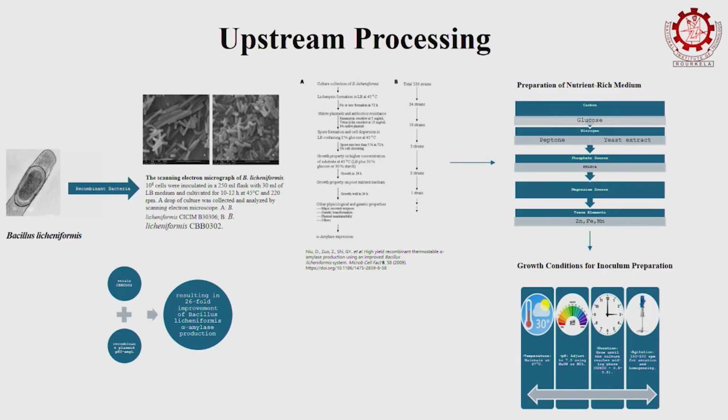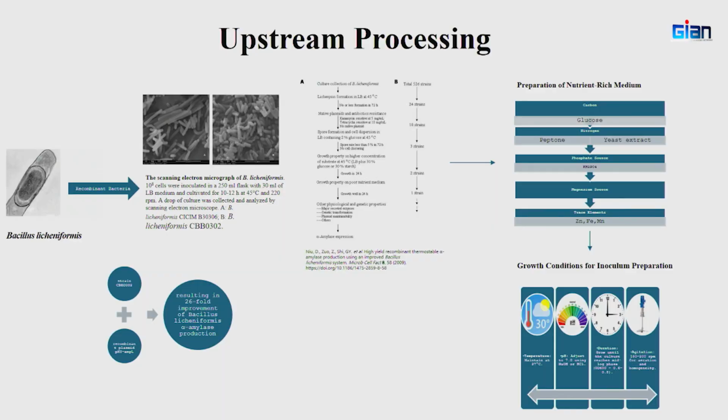It is cost effective, and one key advantage is the ability to secrete alpha amylase into the culture media, so it reduces the downstream processing cost. So it's extracellular. It is extracellular. So it reduces the downstream cost.